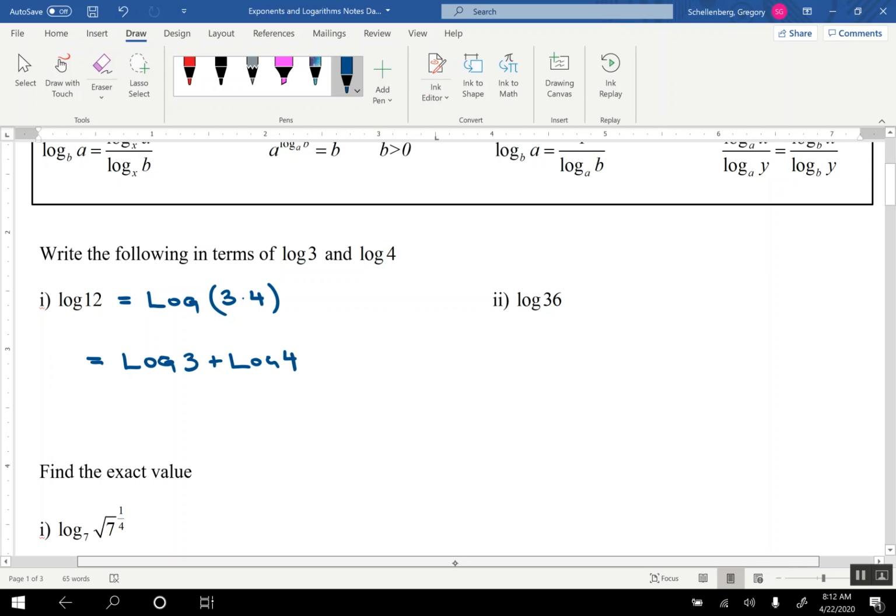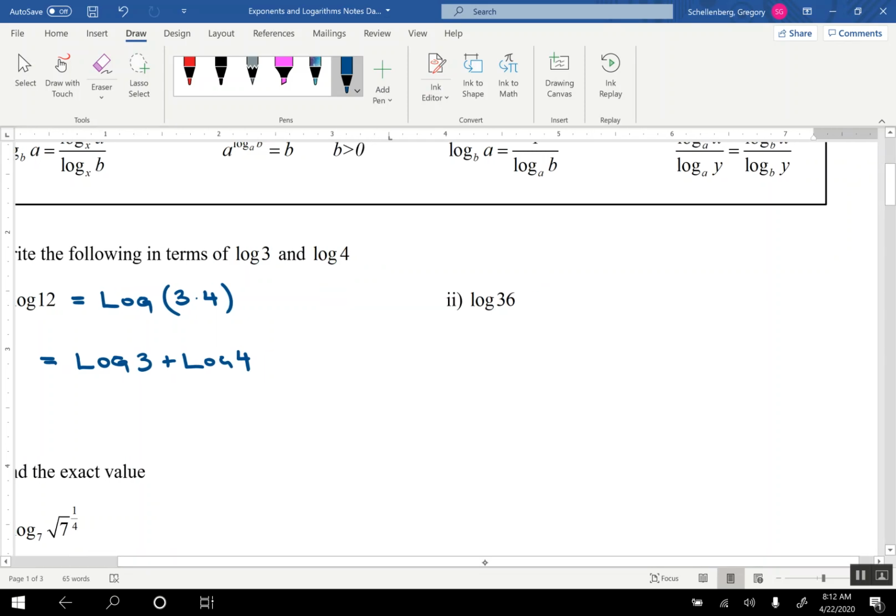Okay, same thing with this next one, the log of 36. I'm going to do a bit of a shortcut here. 36 is 9 times 4, but 9 is also 3 squared. So I'm going to rewrite this as 3 squared, that's our 9, times 4.